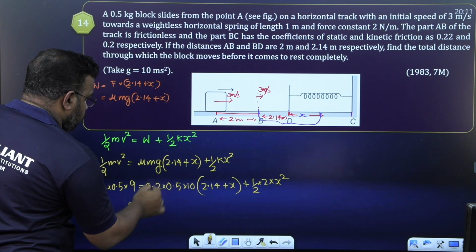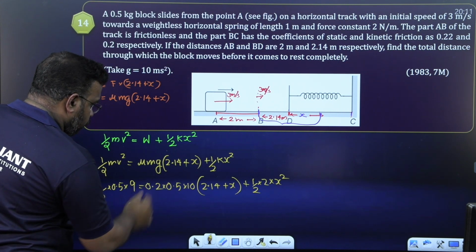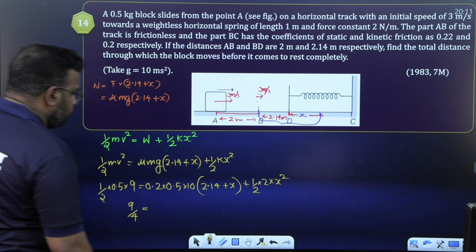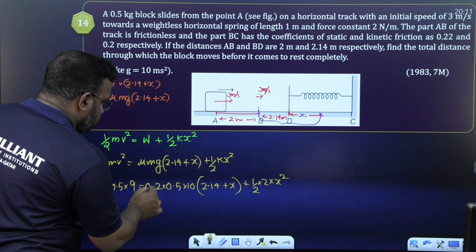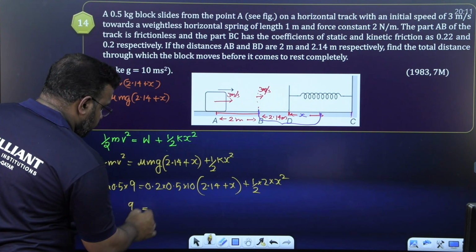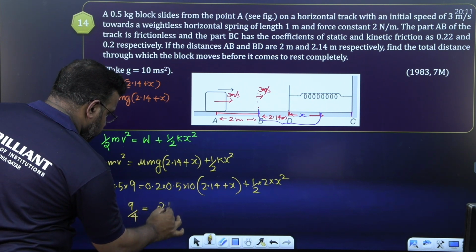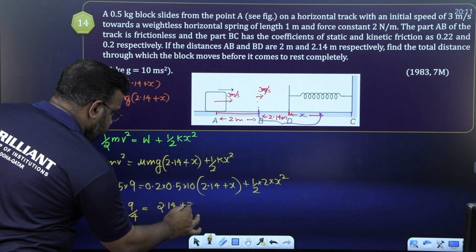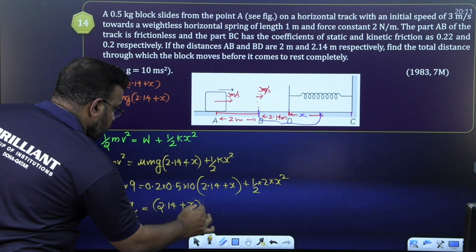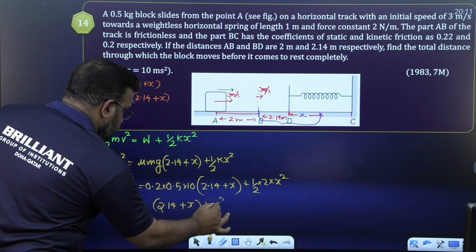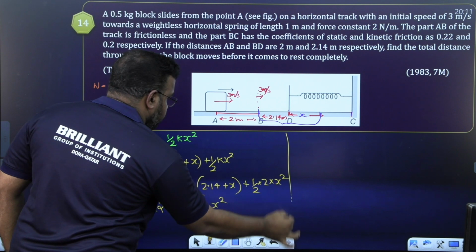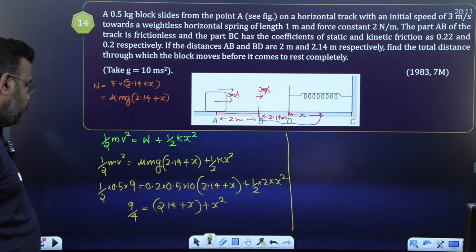This will become 1. 10 into 0.2 into 0.5 is 1 into 2.14 plus x square. So it is looking like a quadratic equation in x. Anyway, you can solve it.